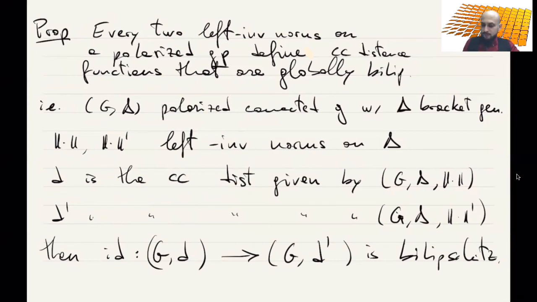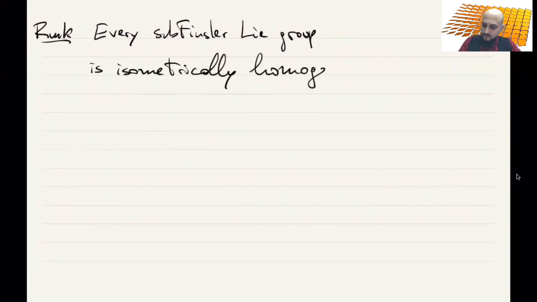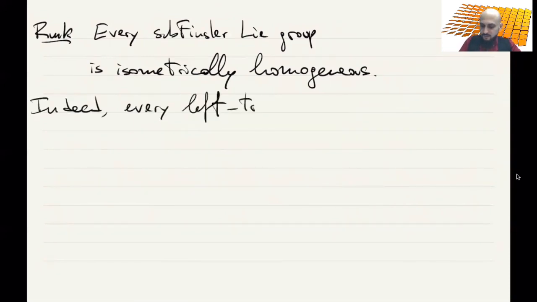Good. Now let's discuss a simple property that SubFinsler Lie groups have. Every SubFinsler Lie group is isometrically homogeneous. Indeed, this is a very simple fact, but every left translation is an isometry with respect to the Carnot-Carathéodory distance.